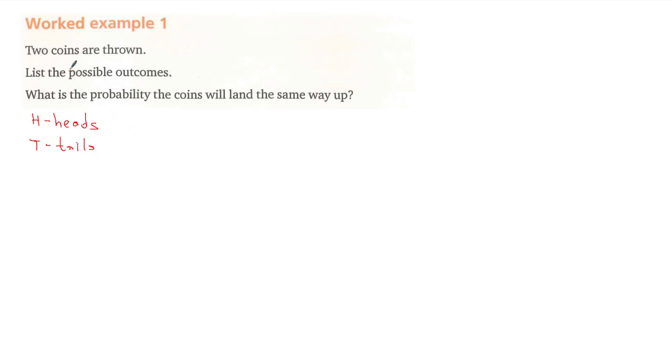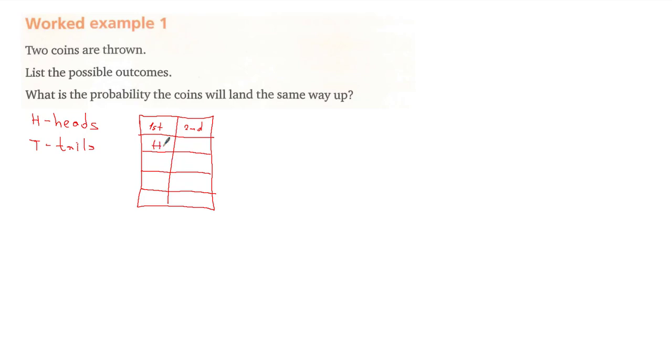But now look, the question says two coins are thrown. So let us make a small table here. We have the first coin and the second coin. The first coin has two possibilities and the second coin has two possible outcomes. So that means we will have in total four possible outcomes.